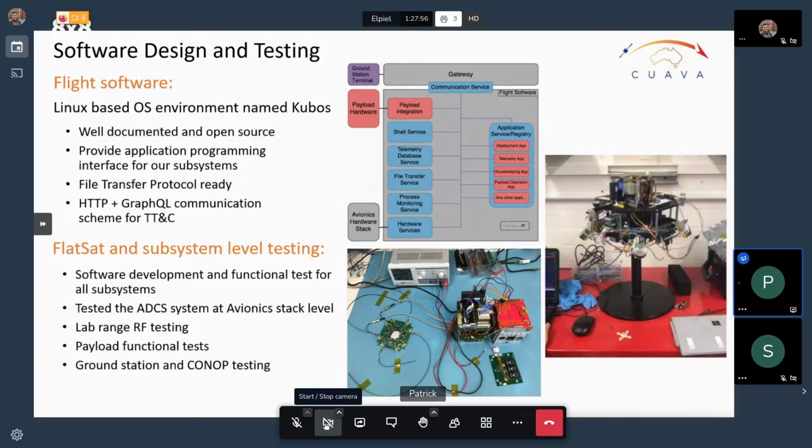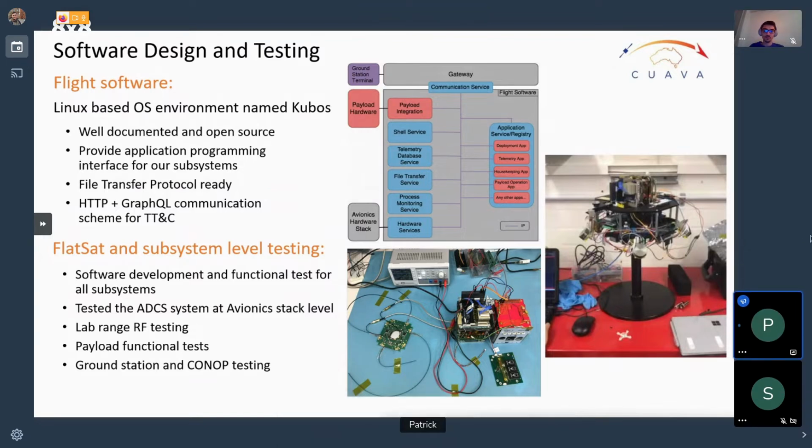It comes already with a file transfer protocol, which is really handy. And for the most part, the communication is based on HTTP and the GraphQL interface between the subsystems, and also between ground and the satellite.